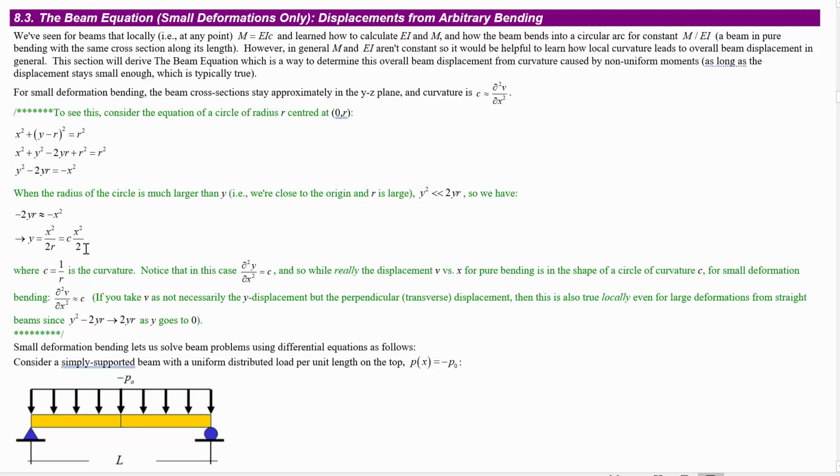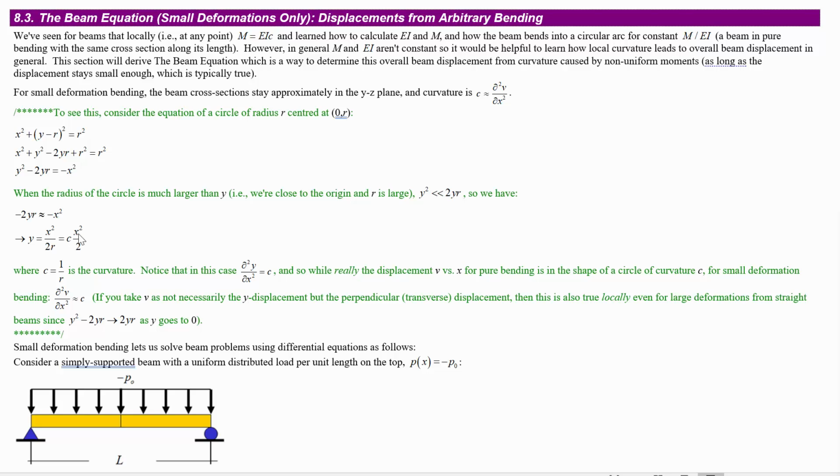Okay, so again, the parabola that we got is y equals c x squared over 2, or x squared over 2r, and c is 1 over r, right? The curvature that we have is 1 over the radius. So the second derivative of y, the y coordinate of this, which would be the displacement if the beam has bent into an arc of a circle, would be equal to the second derivative of c times x squared over 2.